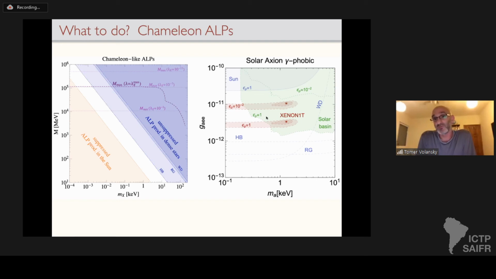So you can evade this constraint by suppressing the production a little bit in the sun while keeping the rate that we measure in the Earth, and so you could have the constraint around here and this whole region that explains the xenon anomaly. So it's nice.